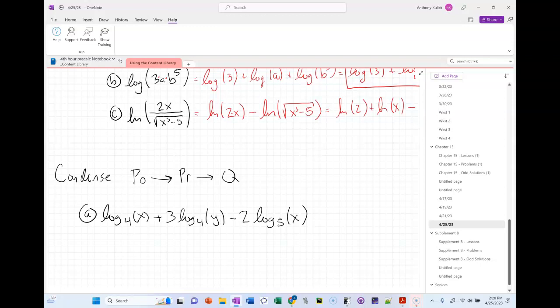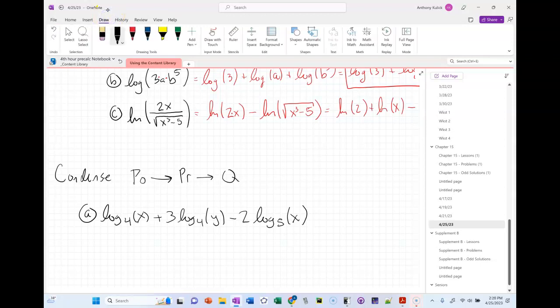Okay. So the first thing we look for are power properties. Because we're going the reverse direction though, instead of looking for an exponent inside the logarithm, we're going to be looking for a coefficient outside the logarithm because we're trying to do the reverse process.